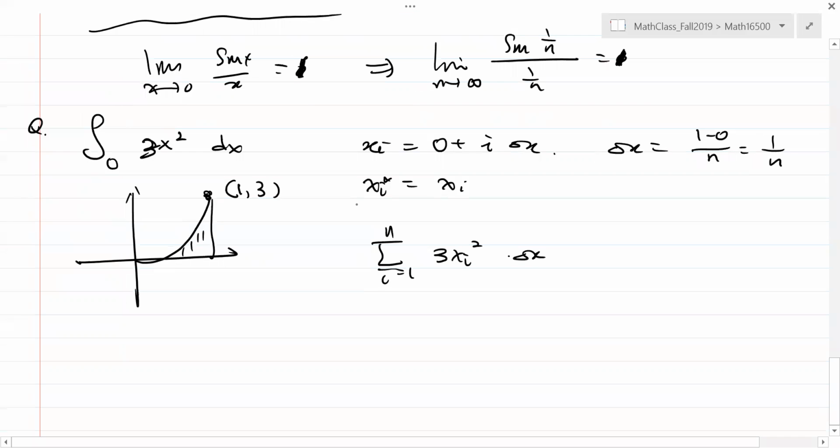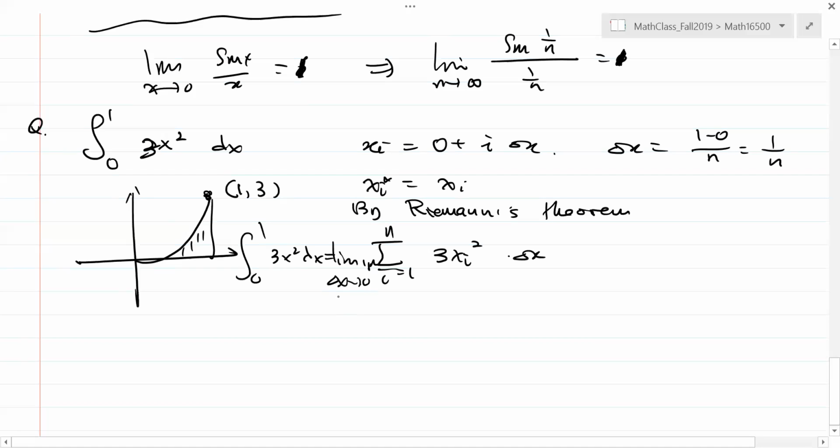Because by Riemann's theorem, the integral from 0 to 1 of 3x squared dx is going to be the limit of this sequence of Riemann sums. Okay, and delta x approaches 0. It's the same as n approaches infinity, because delta x is 1 over n.